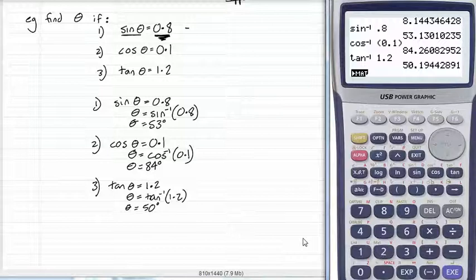You've just got to remember, if you're finding a ratio because you've been given the angle, then you just use sine, cos, or tan.